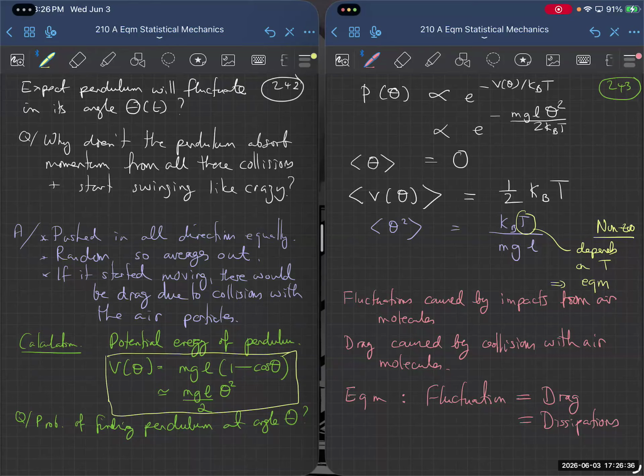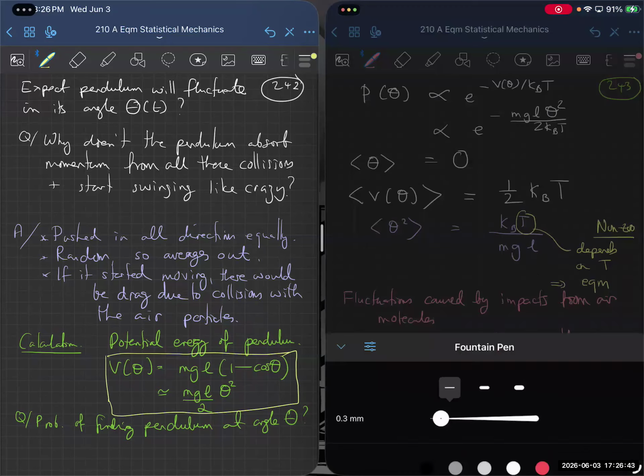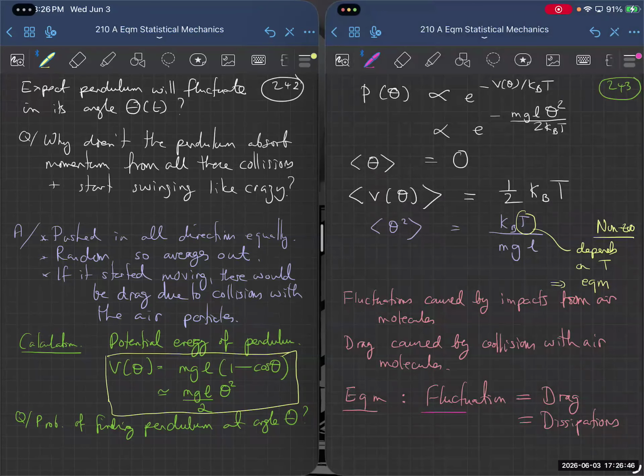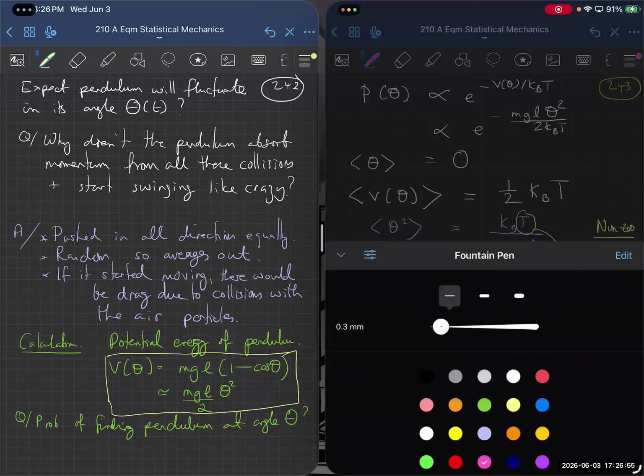So it causes dissipation. What you've seen is that equilibrium is tied up with the fluctuations equaling the dissipation. That's why you can have equilibrium, and this is a theorem called the fluctuation dissipation theorem.